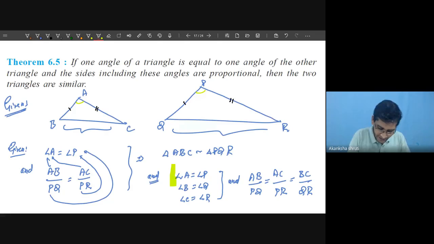So the given condition was only this much. Only this much was the given condition. But from this given condition, we have obtained the other.